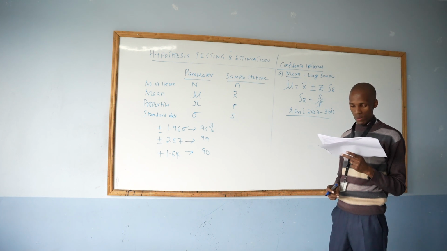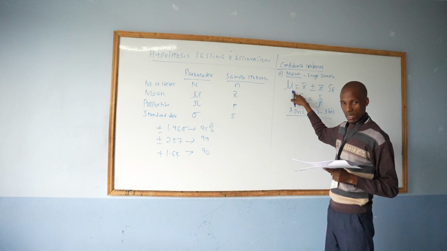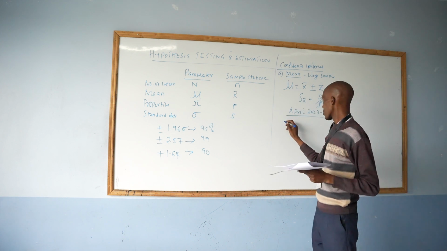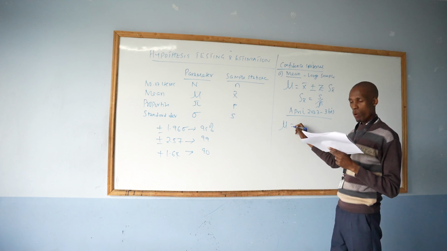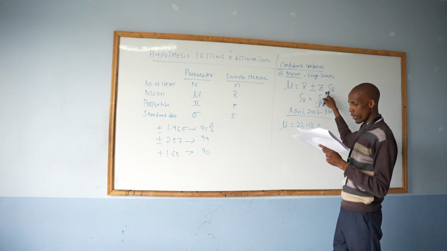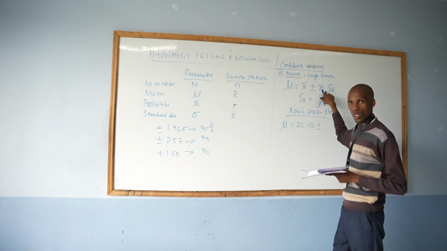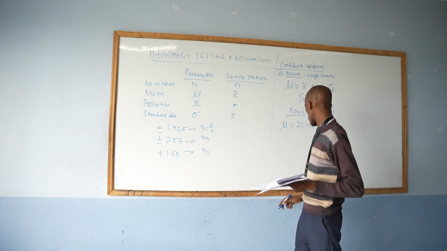On the basis of a sample of 200, construct a 95% confidence interval. Remember, this is for the mean, so you say the mean equals the sample mean, which is given there as 22,150, plus or minus. We are going to use the 95% confidence interval. For 95%, we have seen it is 1.96.